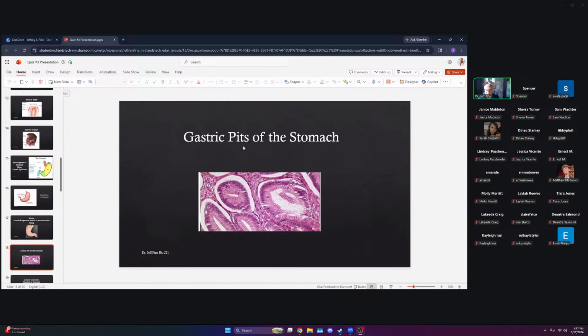They're little pits, as the name says. They're indentations. And we're going to talk about all the different cell types and what gets released from these gastric pits. But these little indentations on the inner surface of the stomach, called gastric pits, release various chemicals.